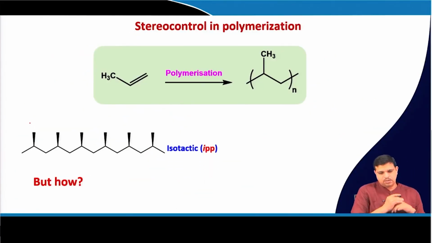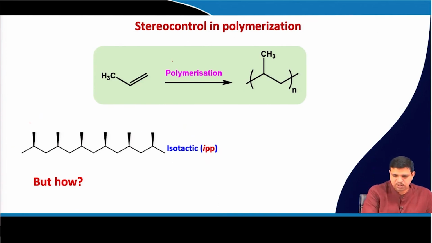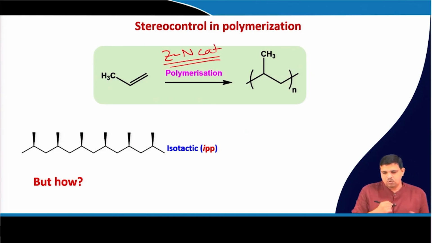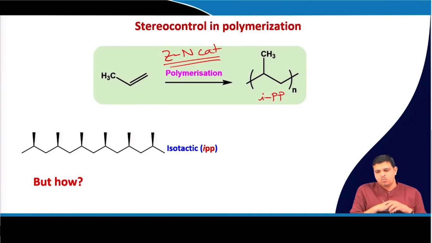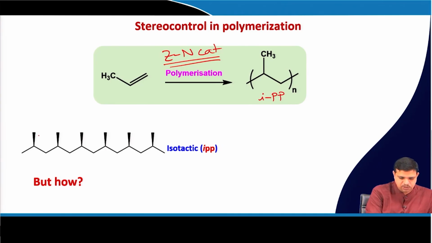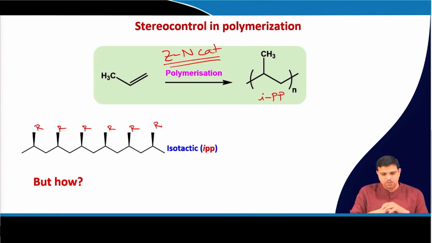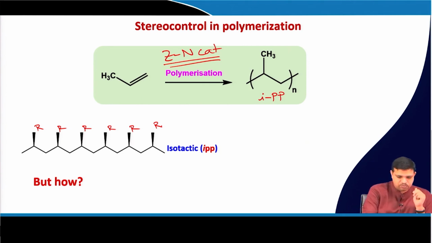As you are now all aware, Ziegler Natta polymerization catalyst is famous for getting stereoregular polymer. So you get isotactic polypropylene. We all know what isotactic polypropylene is. If the substituents are all on the same side, then it is isotactic. We discussed this in the earlier classes. Now the question is how.